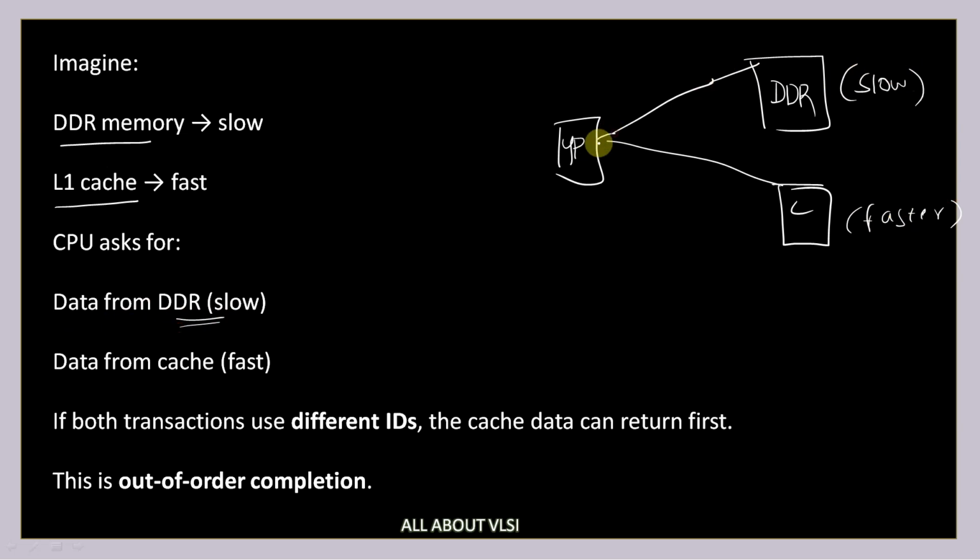The processor requests the DDR to send the data, and next it requests the cache to send the data. If these transactions use different IDs, then the cache can return first. The processor has asked the DDR first, and next the cache. This is the order. First, the processor should expect the data from the DDR, and second, it should expect the data from the cache.